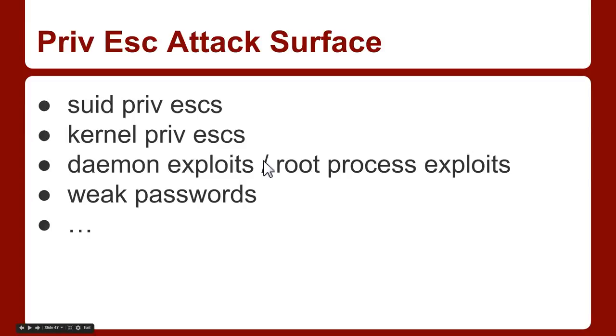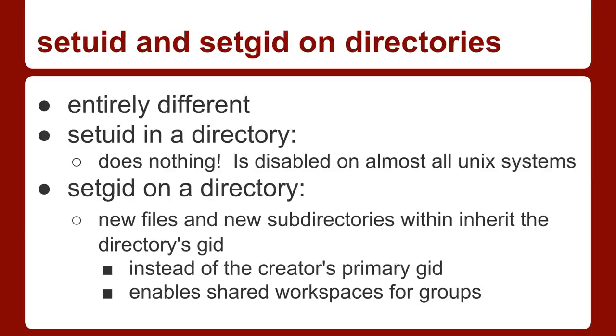Kernel privilege escalations, and as we covered in the code auditing lecture, those vulnerabilities and those bugs can exist in kernel code, and the kernel is written mostly in C, so that's where it's extremely relevant. Daemon exploits or root process exploits, anything running at root that can be interacted with that perhaps has a vulnerability. And again, as always, weak passwords. If the root password is not set or if it's set to something terribly weak, that's also considered in the attack surface. And so on.